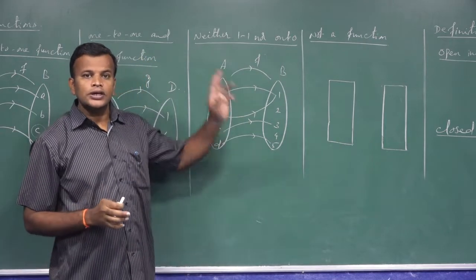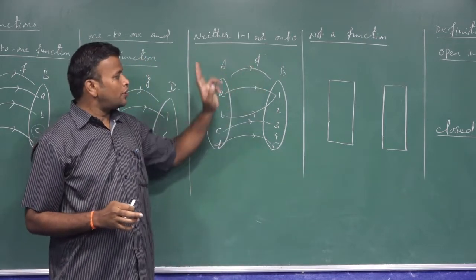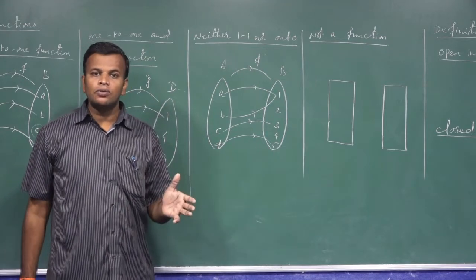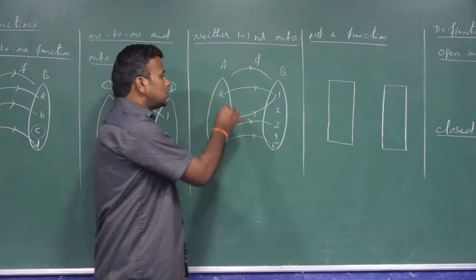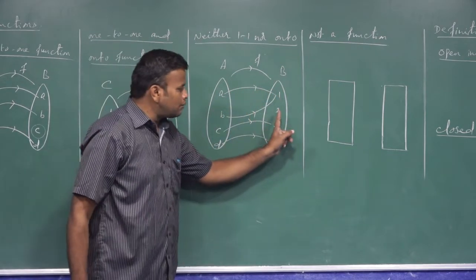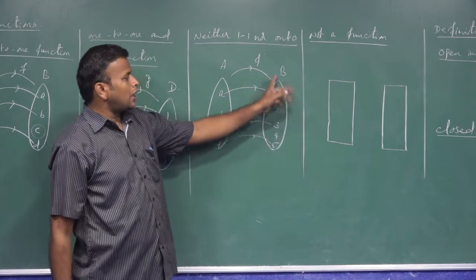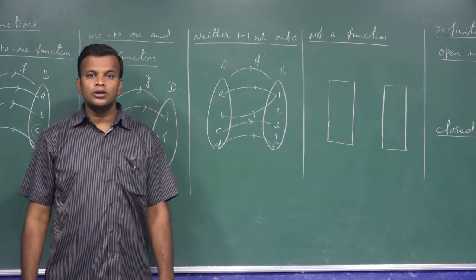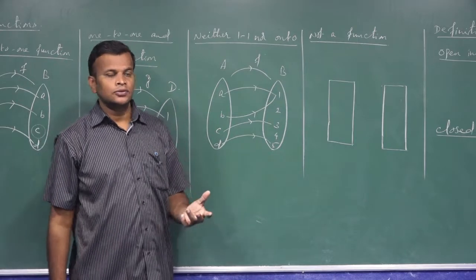Now I say the function f is not one-to-one and also not onto. So we say it is neither one-to-one nor onto because a and b have the same image, and the elements 2 and 4 in the codomain have no pre-image. Therefore, it is an example of neither one-to-one nor onto.